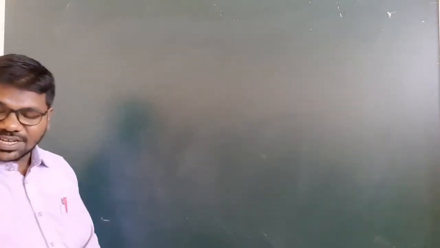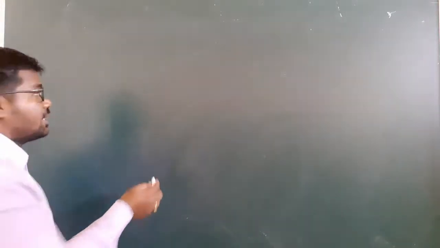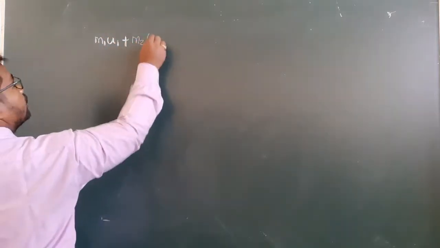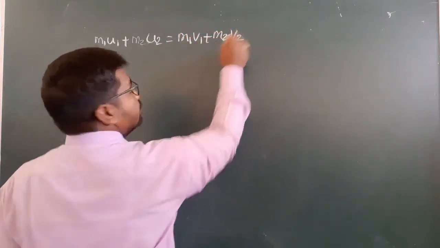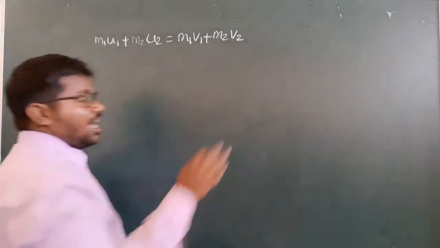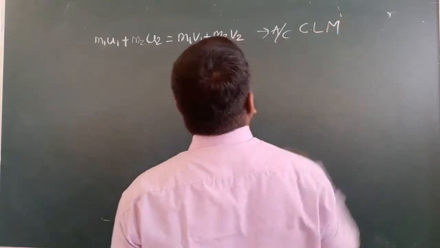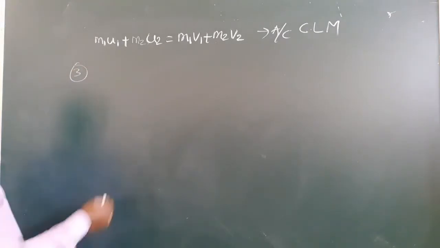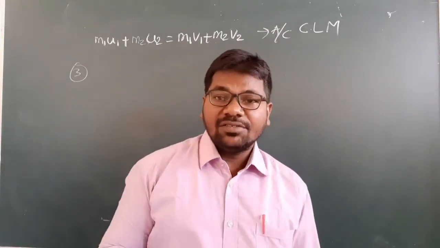So once again I recall the previous equations. According to conservation of linear momentum, we can write m1 u1 plus m2 u2 is equal to m1 v1 plus m2 v2. According to the third equation, relative velocity before the collision is equal to relative velocity after the collision.